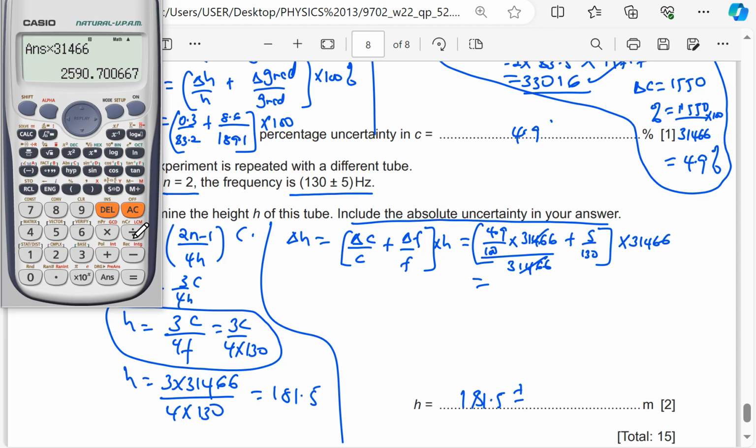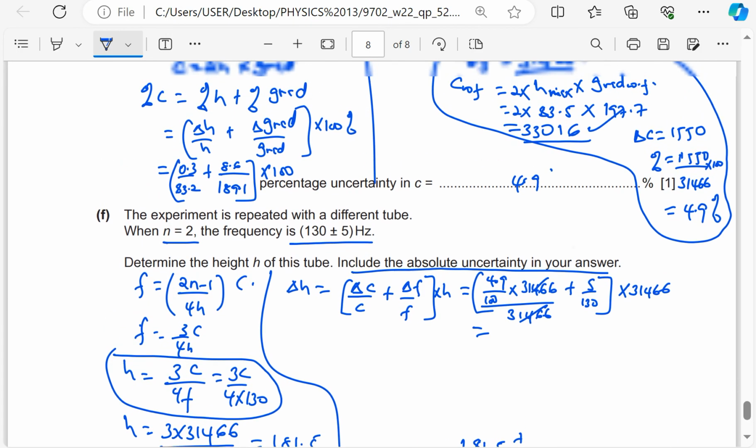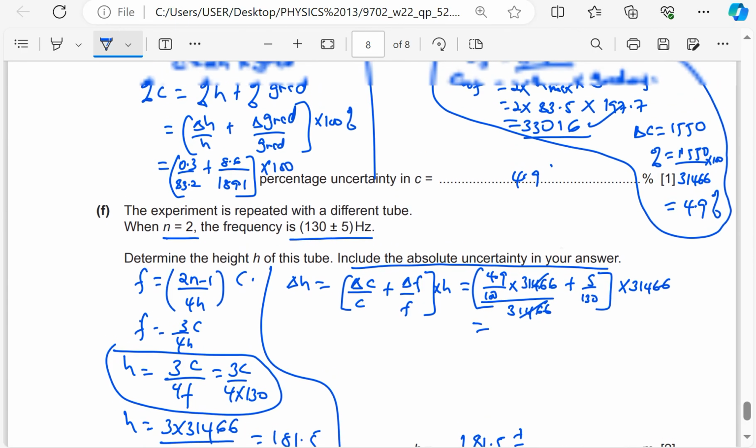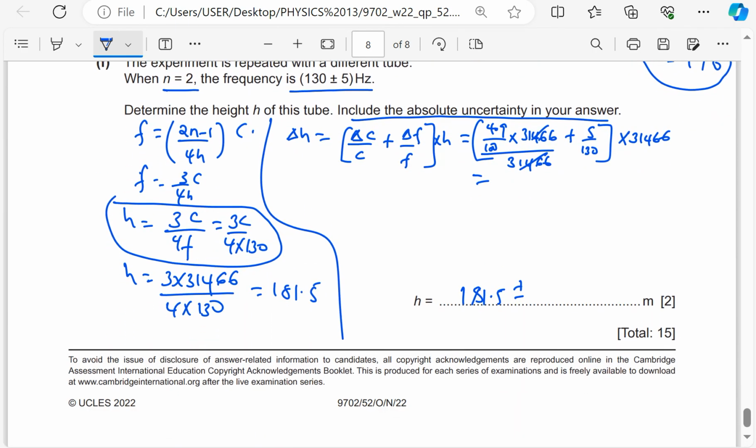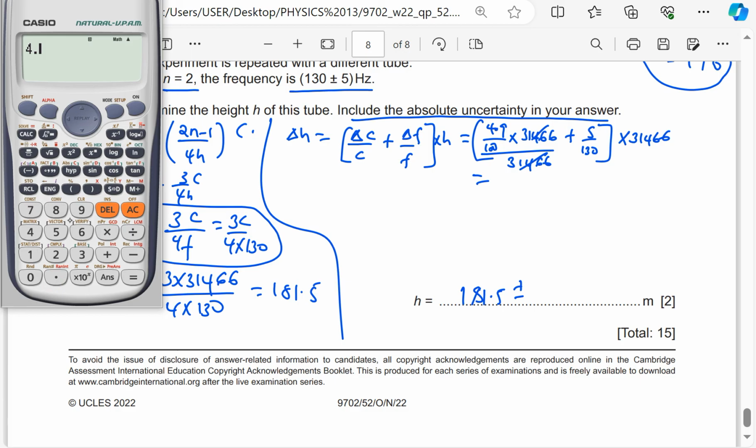Percentage uncertainty in C was 4.9%. Okay, the absolute is 4.9 divided by 100 times 31466, which is approximately 151 point that.